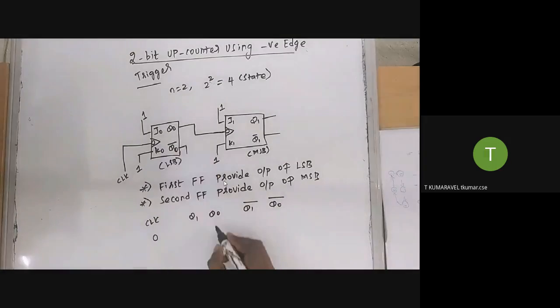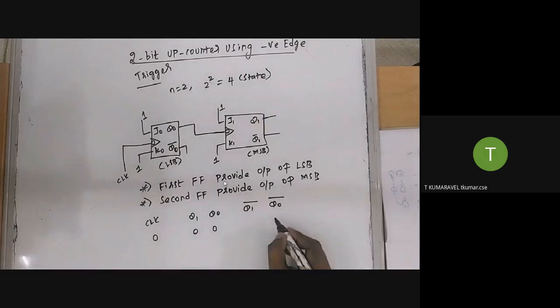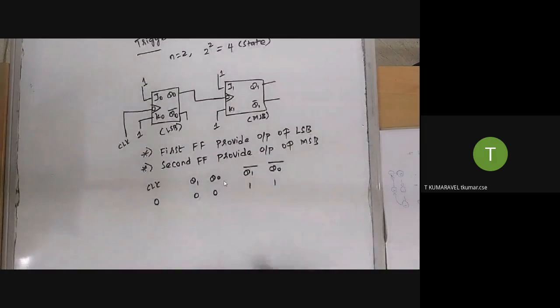For example, Q0 equal to 0 and Q1 equal to 0. So the complements are Q0 bar equal to 1 and Q1 bar equal to 1. This is the initial state of those flip-flops.